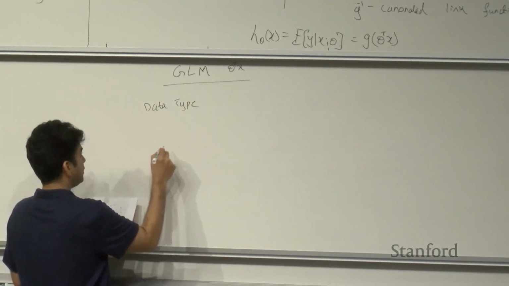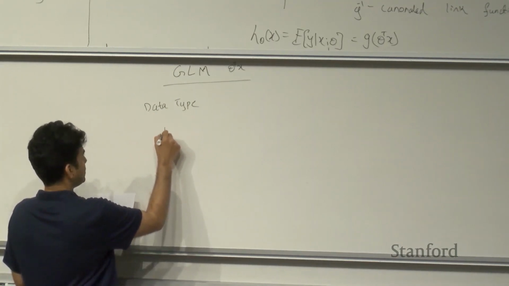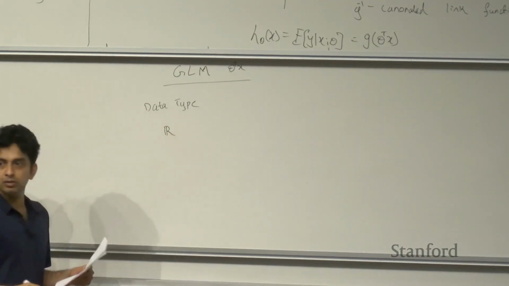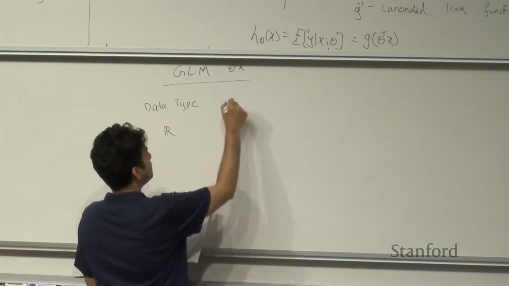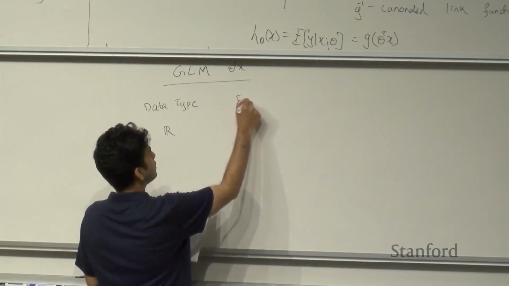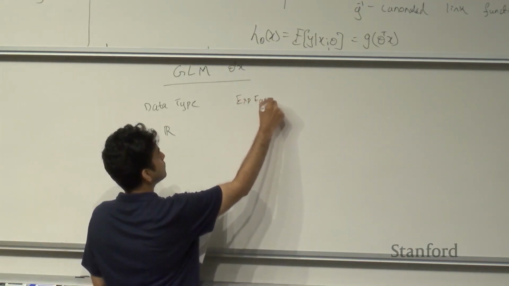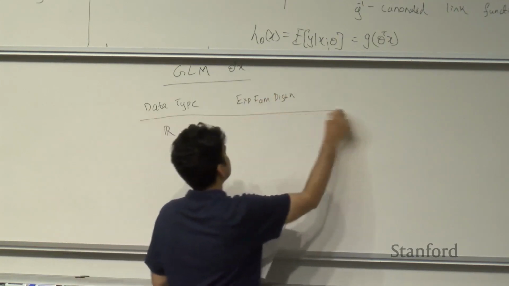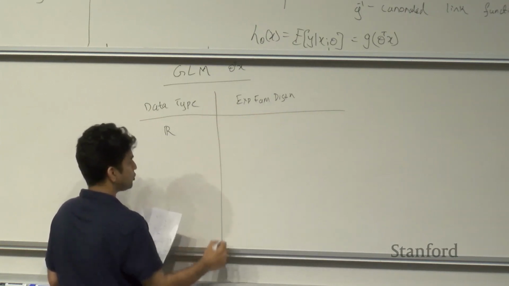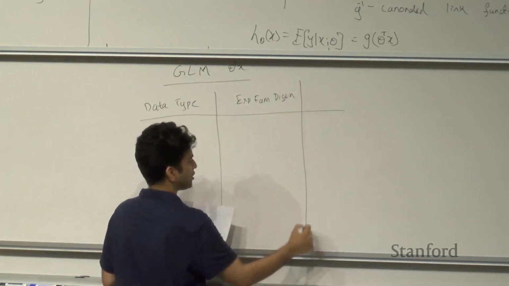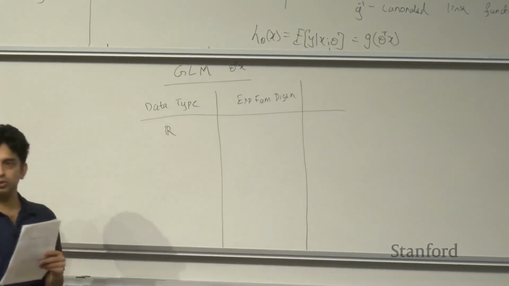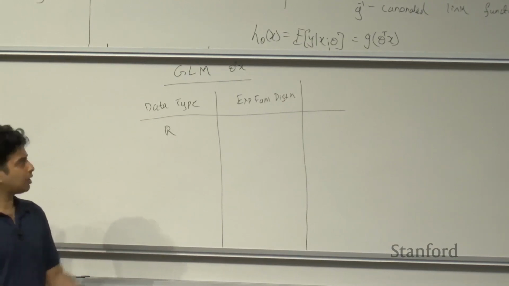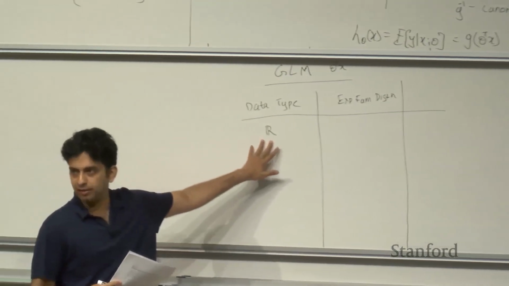Supposing the data type of y is real valued, the next thing you want to do is make a choice about which exponential family distribution you want to use that has a support compatible with your data type.